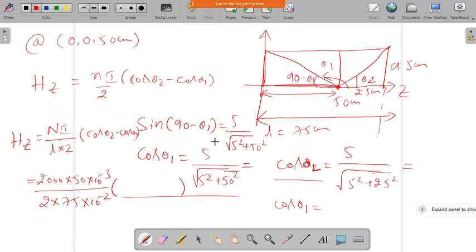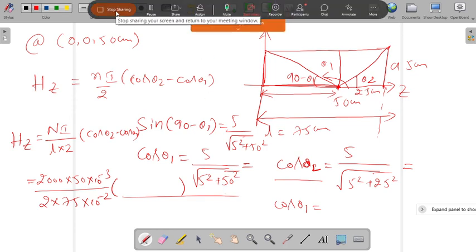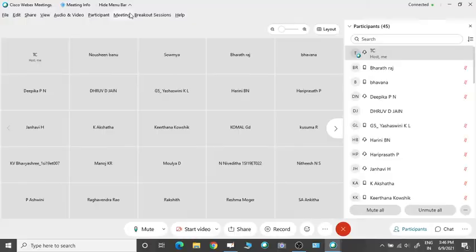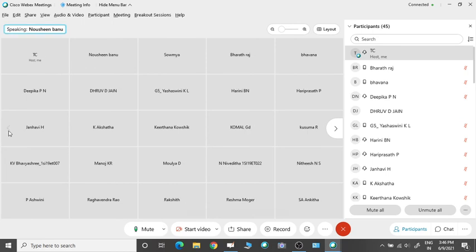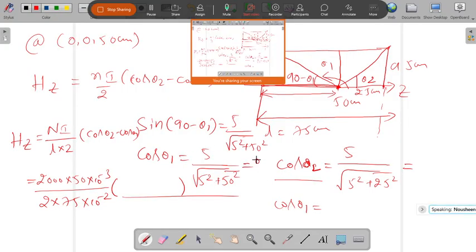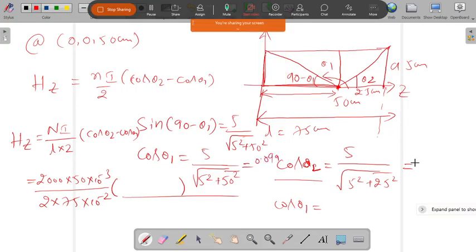Hello, anybody calculated? Sir, cos theta 1 is 0.0995. Okay. Cos theta 1 is 0.099. Cos theta 2 is 0.1961. Okay, so substitute this one.